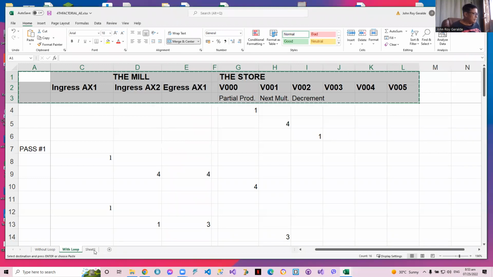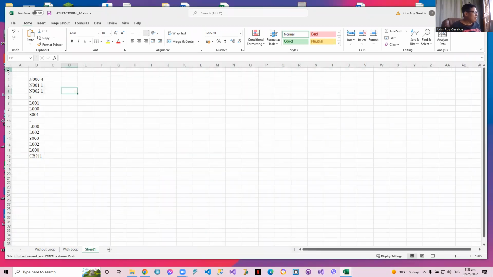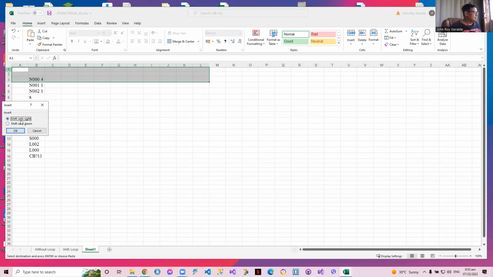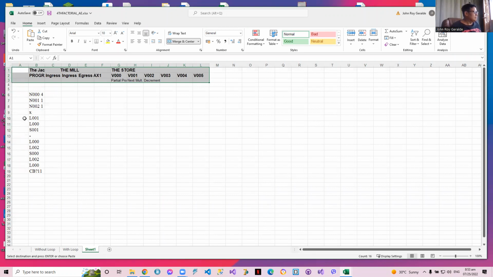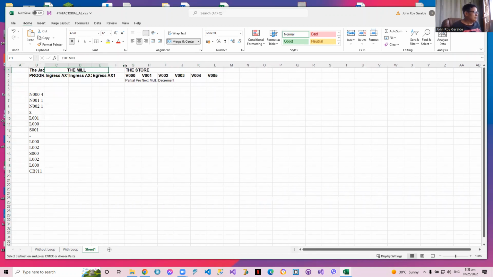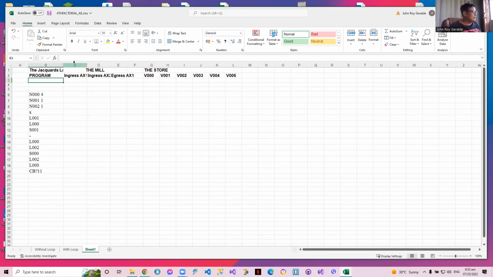Okay. Let me trace the original example. Let's remove this first. This is the original example given by the book, the Jacquard Loom program.